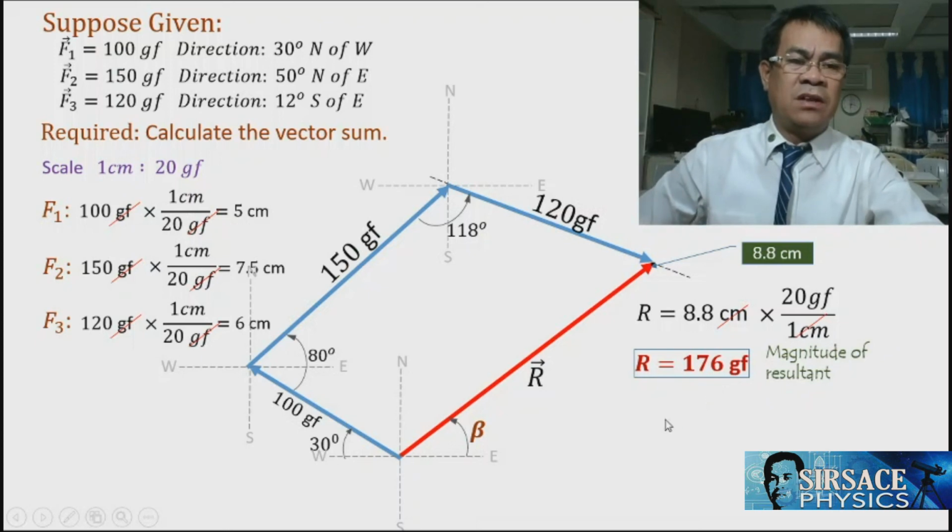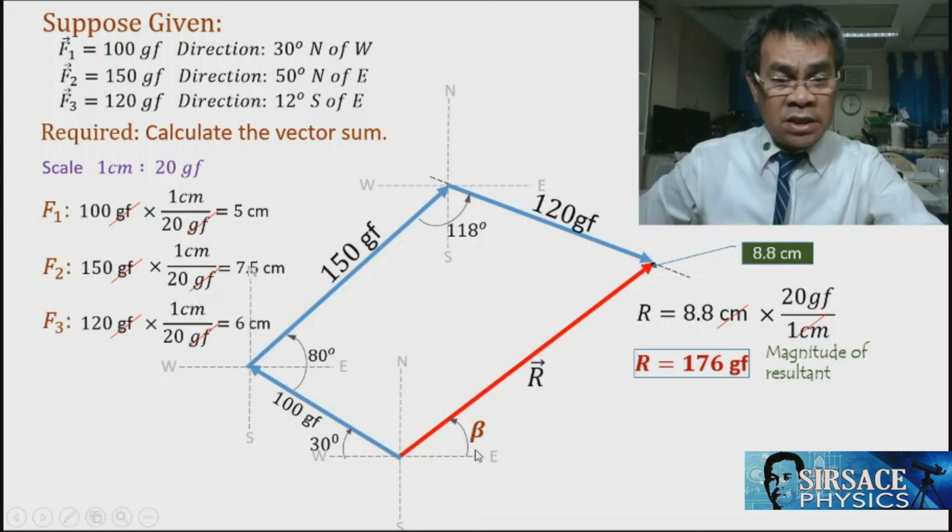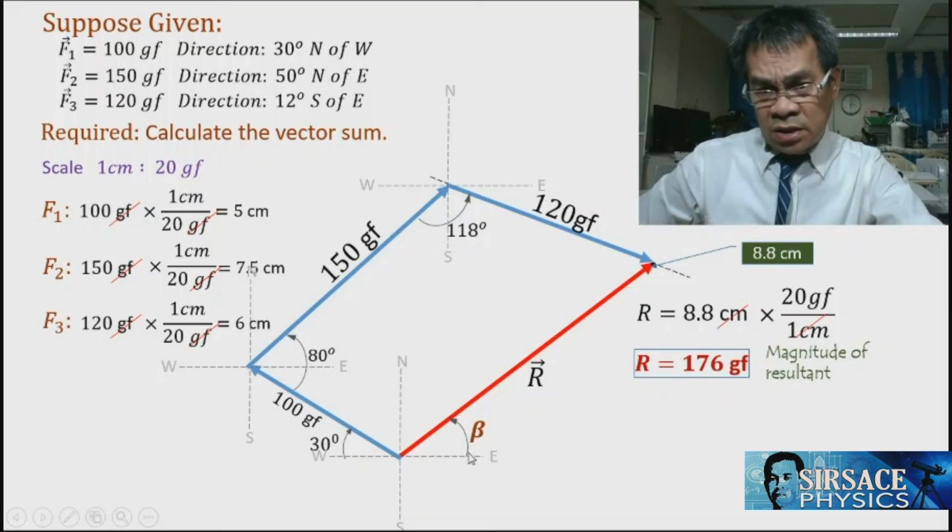Now, what about the direction of the resultant? For direction, you can choose any, and we can measure this angle, or maybe this angle. This angle will be the northern part of S. This one is the north of this angle, then S, meaning the angle is in between.